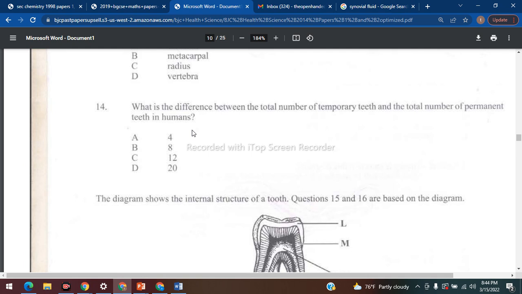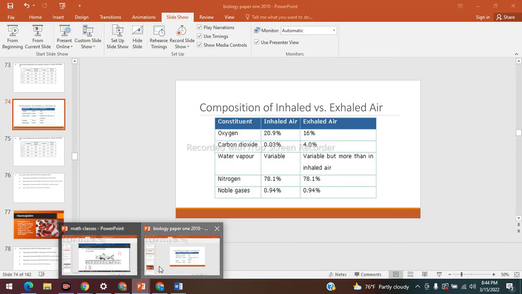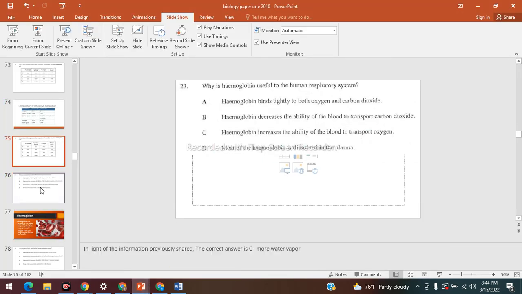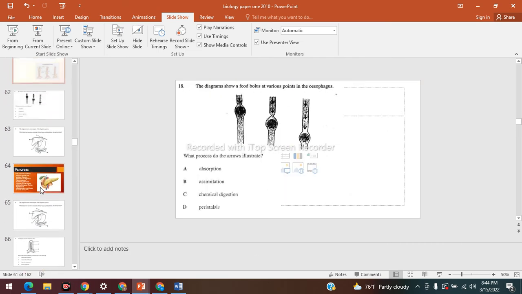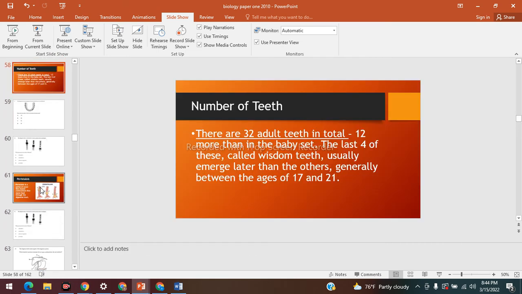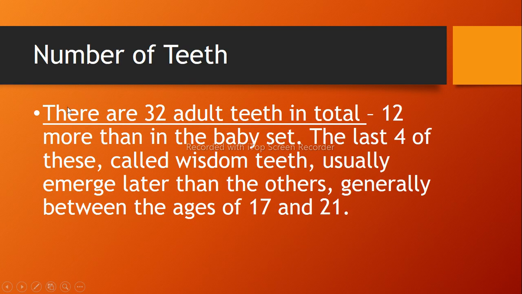What is the number of permanent teeth and what's the number of temporary teeth? It is 20 and 32. So there are 32 adult teeth in total, which is 12 more than in the baby set. Okay? So 12 more.